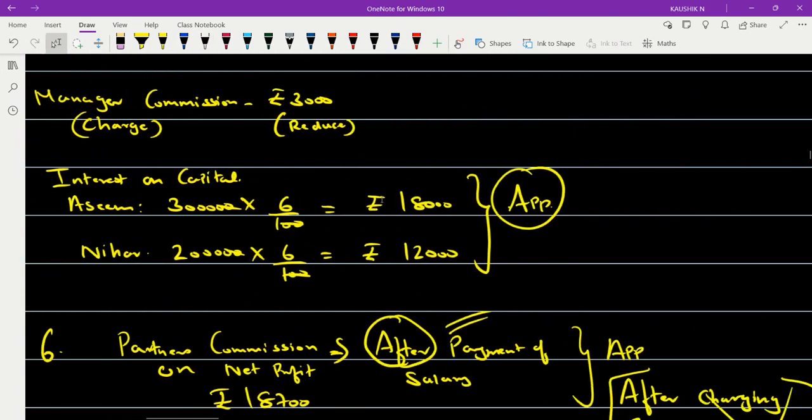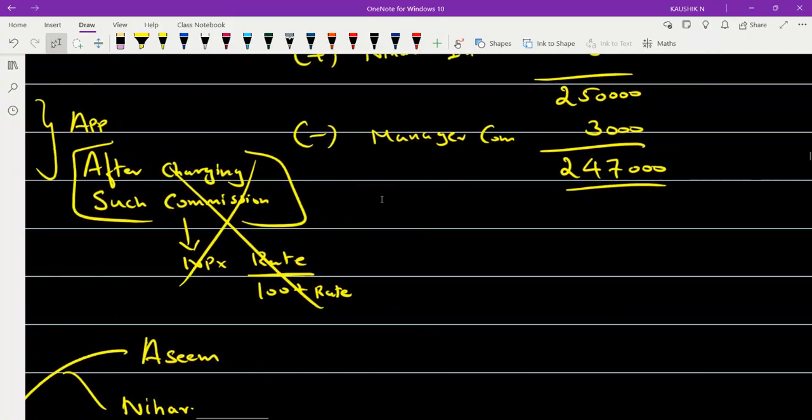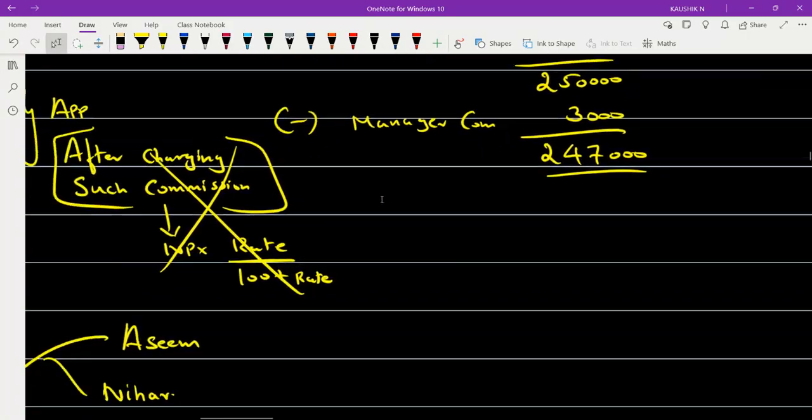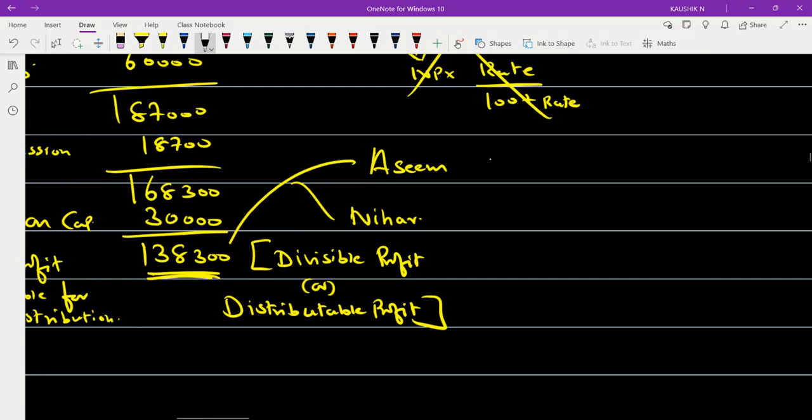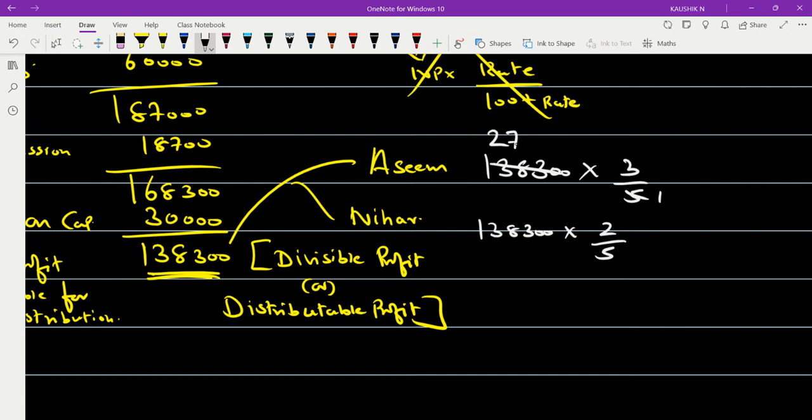So we are going to apply this value. 1,38,300 into 3 by 5, and for Nihal it will be 1,38,300 into 2 by 5. So 5 ones are 5, 5 twos are 10, 38, 7 fives are 35.